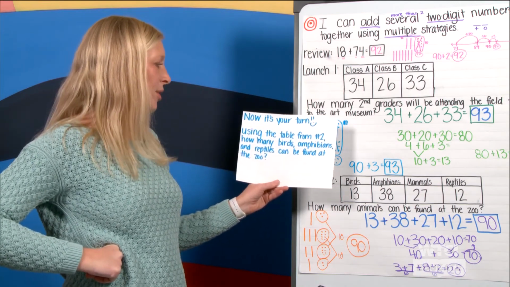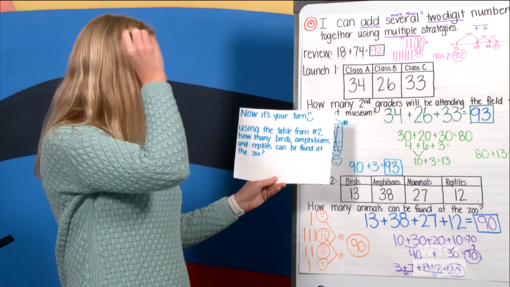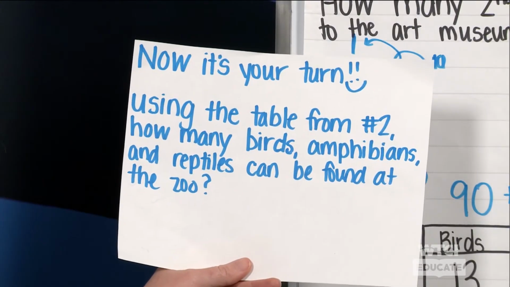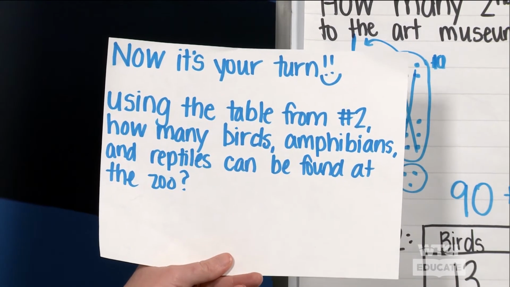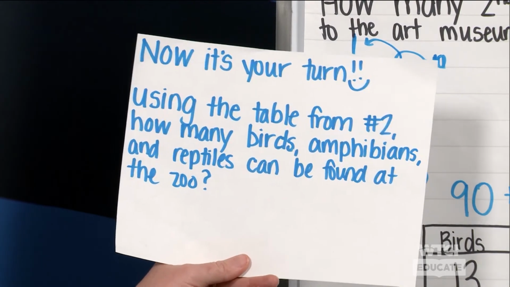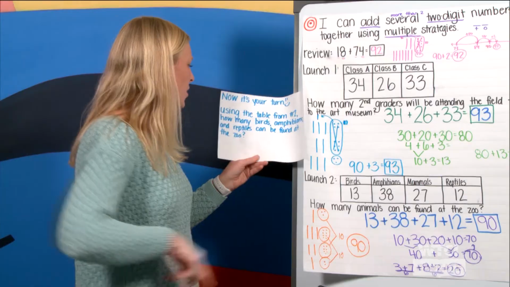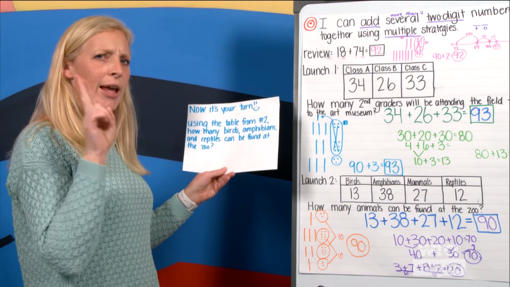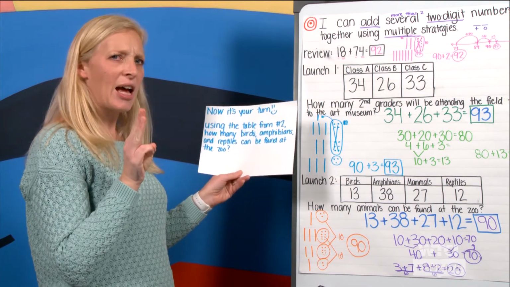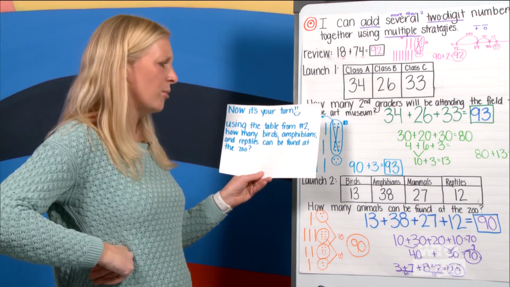How many birds, amphibians, and reptiles can be found at the zoo? Wait a second, let me say that again. Using the table from number 2, how many birds, amphibians, and reptiles can be found at the zoo?